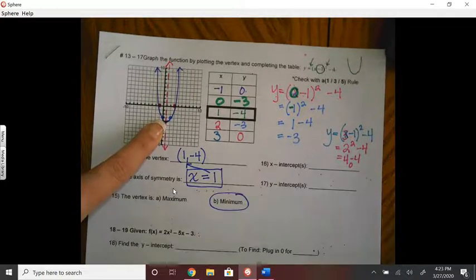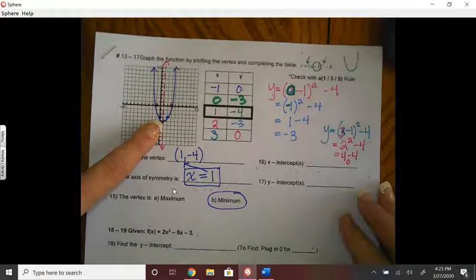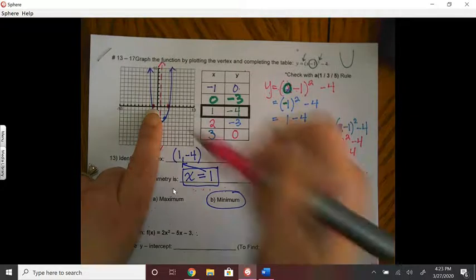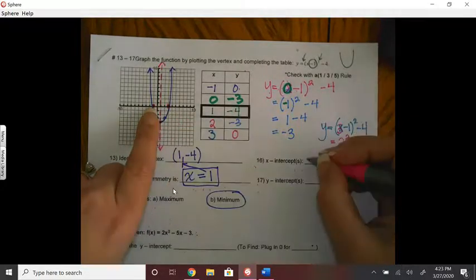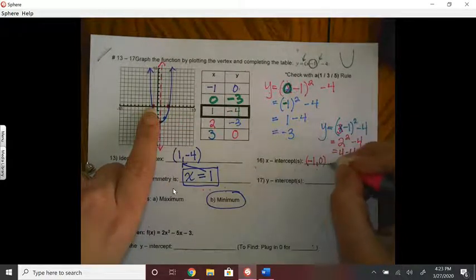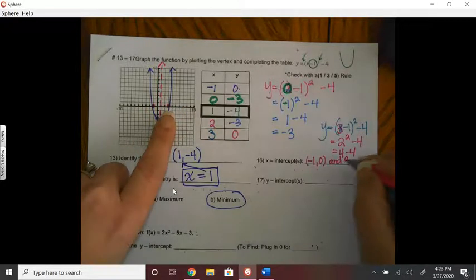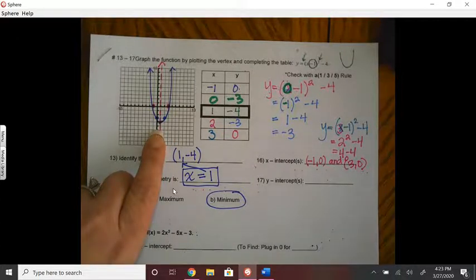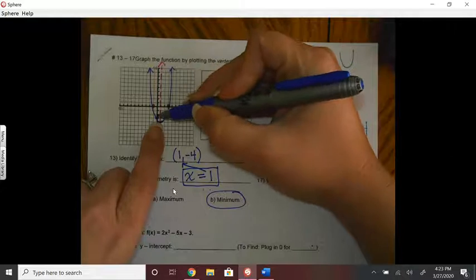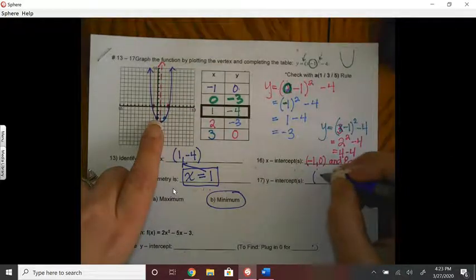Then the x-intercept is where the graph crosses the x-axis. So it crosses here at -1, 0, and it crosses here at 3, 0. And then the y-intercept, where the graph crosses the y-axis, is right here at 0, -3.